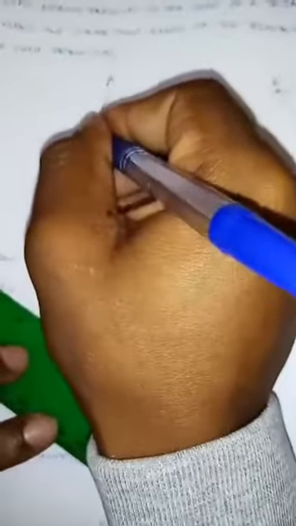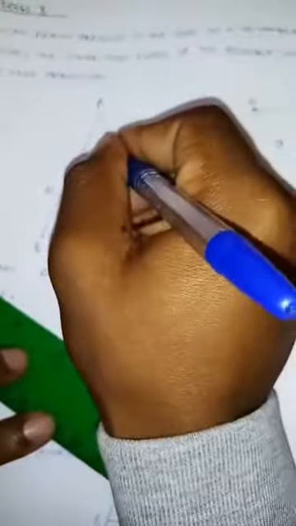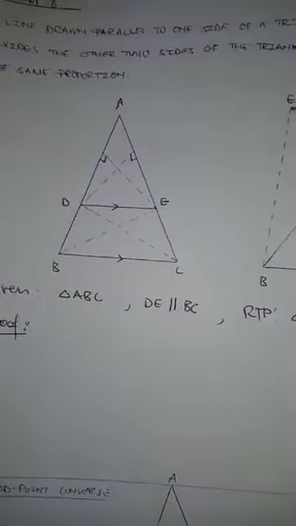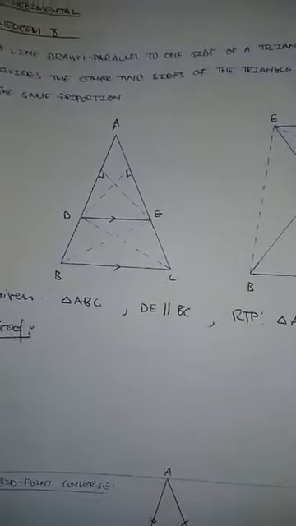So these are perpendicular heights. So how do you go about this?